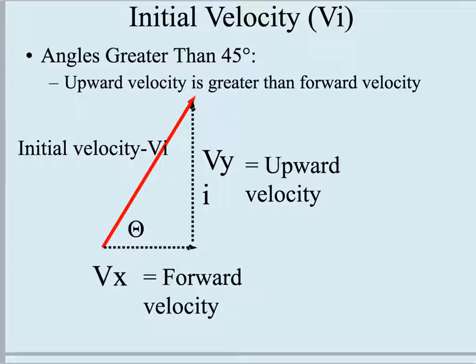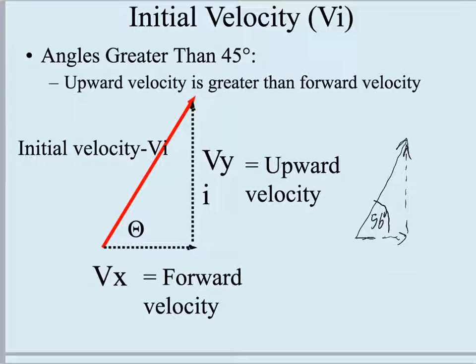If the angle is greater than 45, well, now we have a situation where, let's just say this was 56 degrees. That's definitely greater than 45. Now it's going to be moving up at a higher, faster rate than it's moving forward.